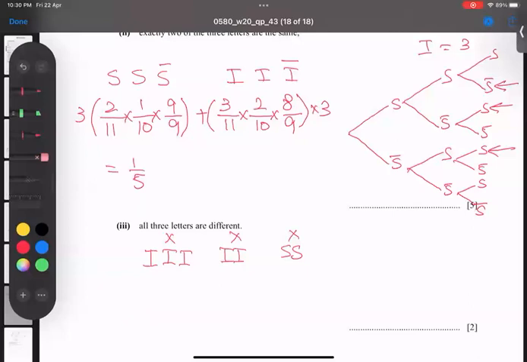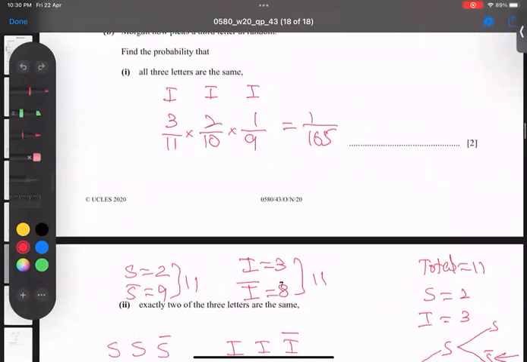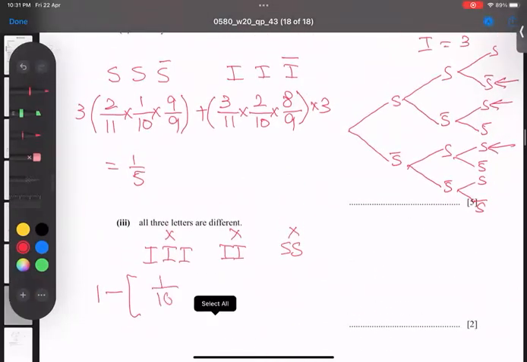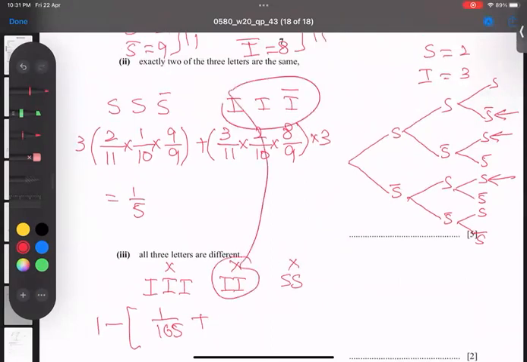Let me write again. From 1, which is called the total, subtract 3 I's, which is here 1/165, plus 2 I's here, 2 S's here. It means, in short, both answers add up to give 1/5.